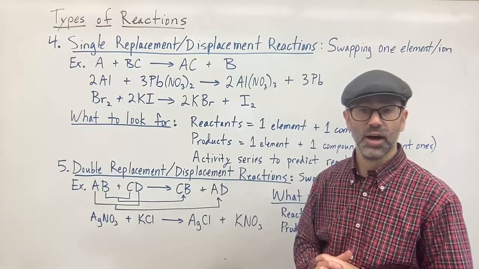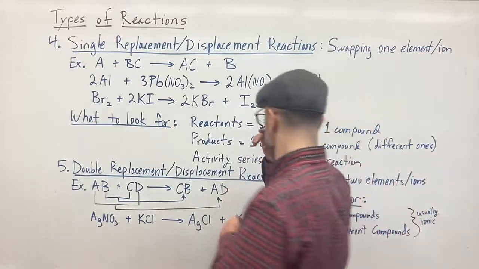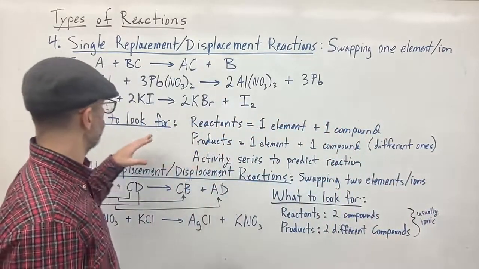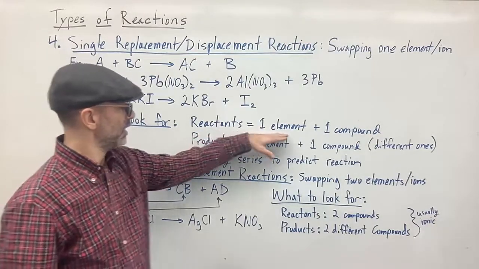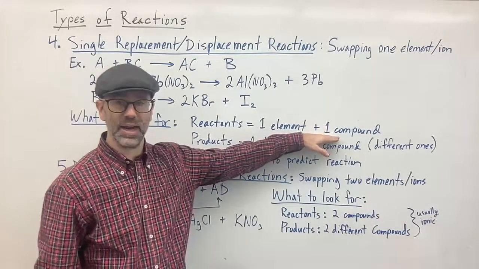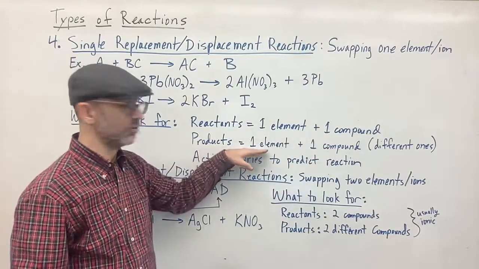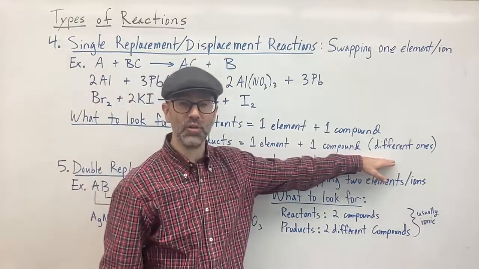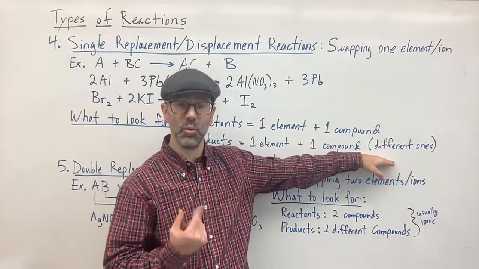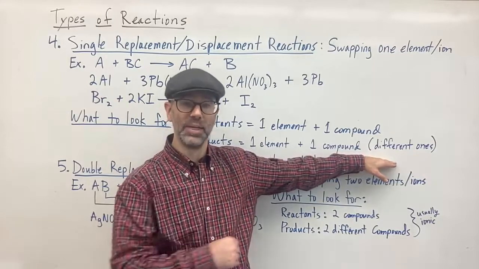And the thing you've got to keep in mind here is that what you're looking for is you're starting off with an element and a compound as your reactants. And then the products are still going to be an element and a compound, but they're going to be different ones because you replaced one of the species in the compound with something else.